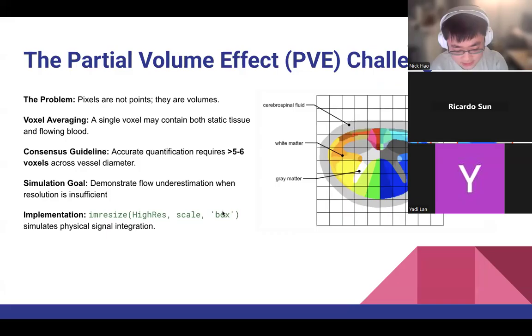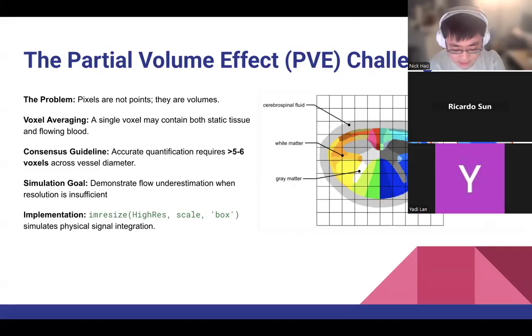Beyond velocity limitation, we also have the partial volume effect challenge. In clinical MRI, a pixel is not a zero-dimensional point, it's a three-dimensional volume called a voxel. At the vessel wall, a single voxel often captures a mix of moving blood and stationary tissue. The mix of moving blood and stationary tissue will have different signals, as the picture on the right shows.